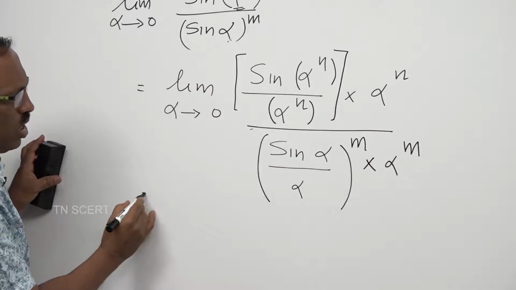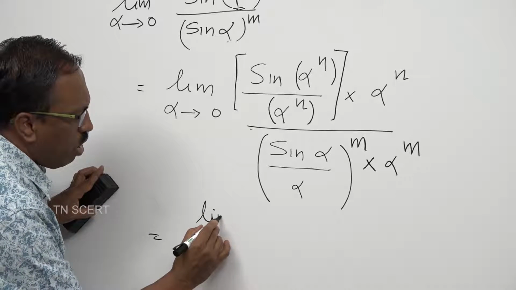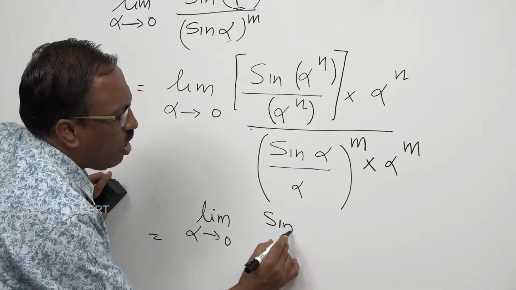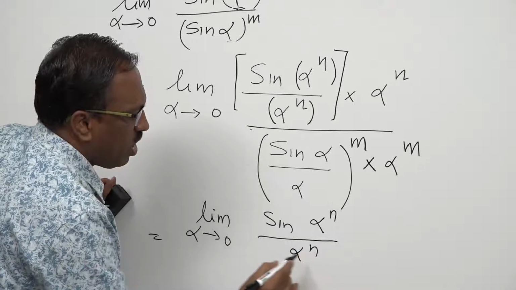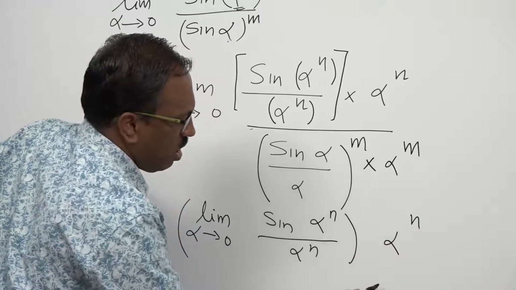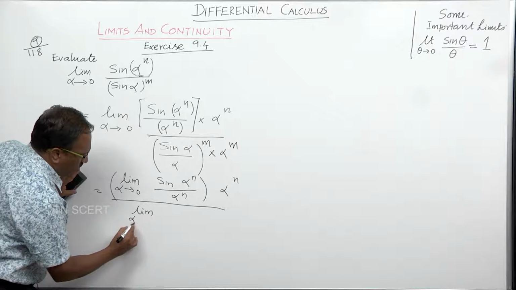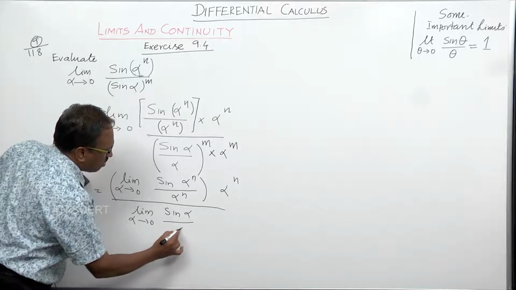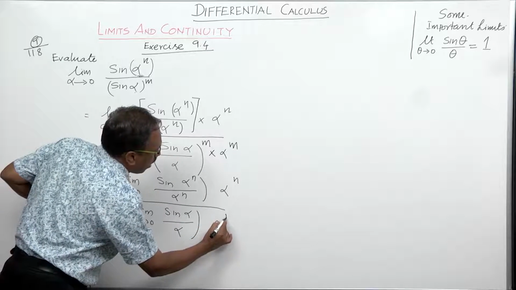Take the limit, alpha tends to 0, of sin of alpha power n by alpha power n, treated as alpha power n whole, divided by limit alpha tends to 0 of sin alpha by alpha, and here remember alpha power m.